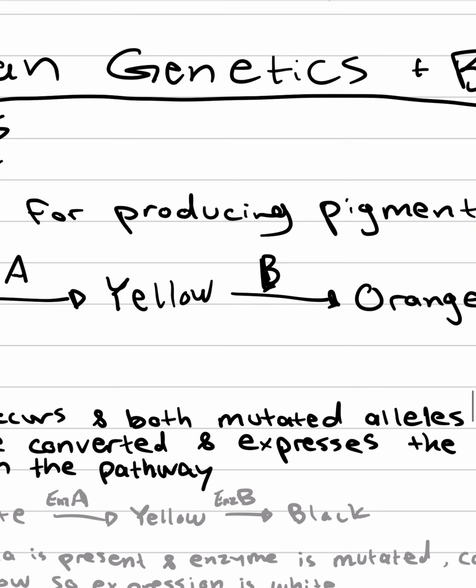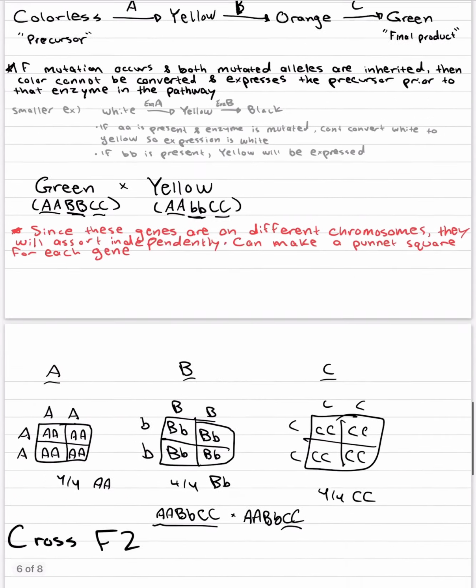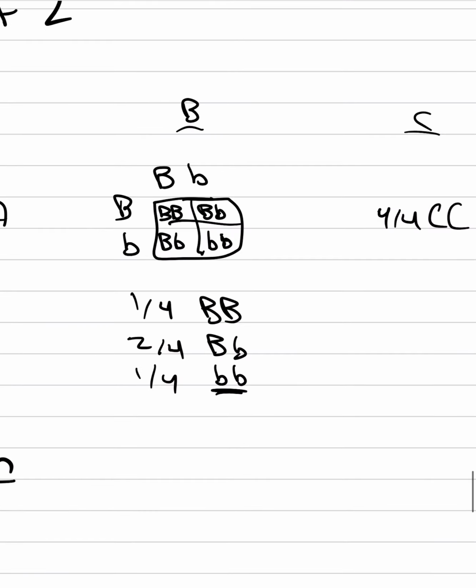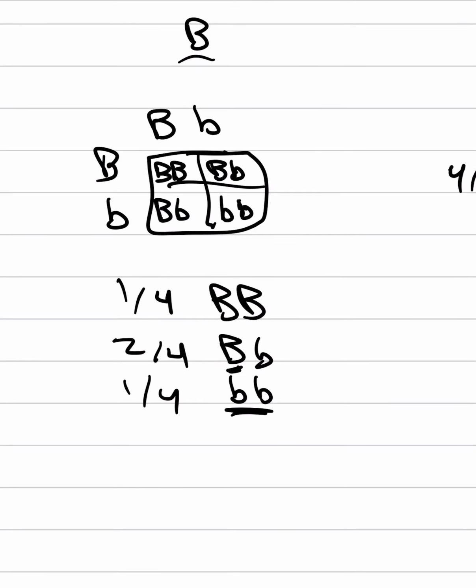So if we were to have mutations at enzyme B and we were to have two alleles that have the same mutation in an individual, then that individual would be unable to convert the yellow pigment into the orange pigment. If we have one of the mutations, that's fine, because one of the alleles is going to allow for the production of that specific enzyme to convert that pigment from yellow to orange, and that's enough to be able to express the green color.